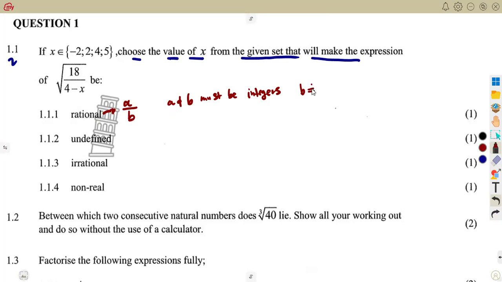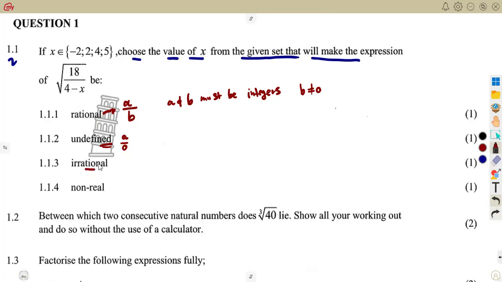And b cannot be equal to 0, remember? And undefined, if a number is referred to as undefined, that is something that we cannot actually simplify, which is numbers that are being divided by 0. So if we have a over 0, or b over 0, whatever you have, once you divide that number by 0, it's undefined.